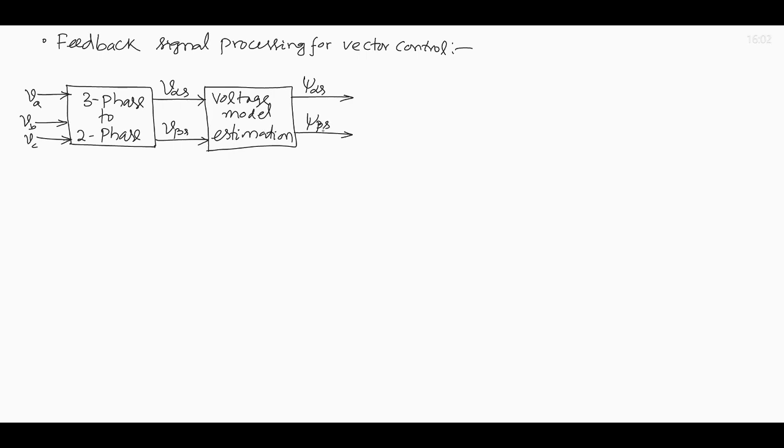Then we also take the 3 phase motor current feedbacks, IA, IB, IC, and again they are converted from 3 phase to 2 phase stationary alpha beta components. So, it generates I alpha S and I beta S.